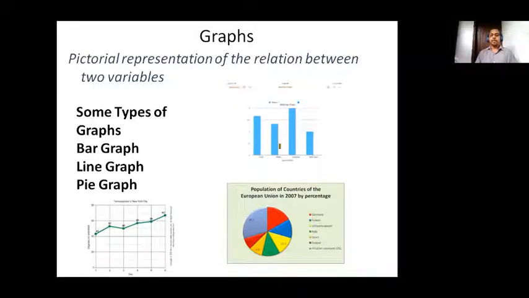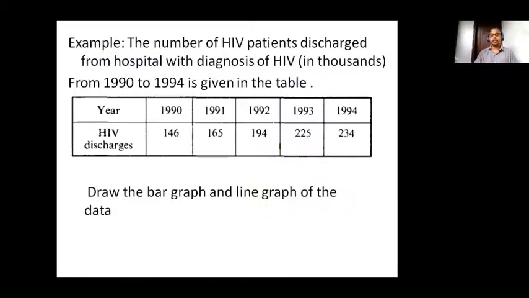Now, what is a graph? A graph is a pictorial representation of the relation between two variables. Some types of graphs are bar graph, line graph, pie graph, etc. These are very familiar to us and very much connected to our real life.